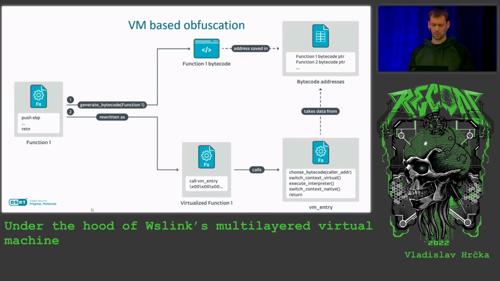And when this context switch is performed, we can execute the interpreter that executes the function. And when it's finished, we need to map the virtual context back to the native one and continue in execution.